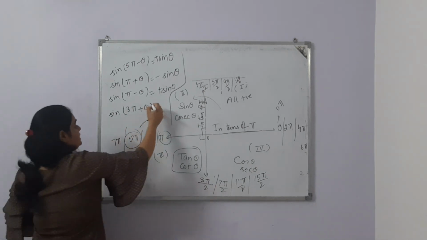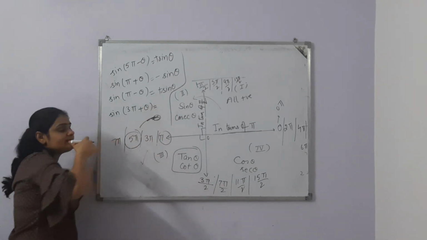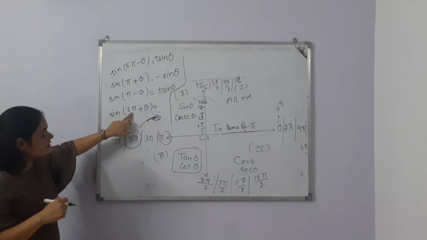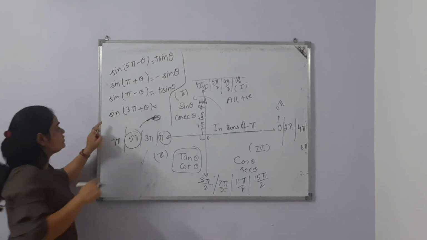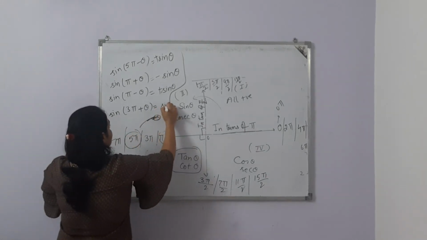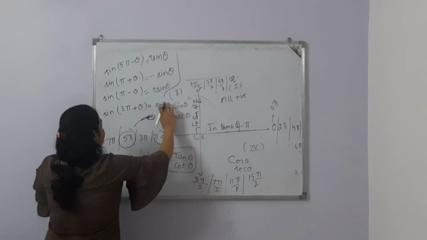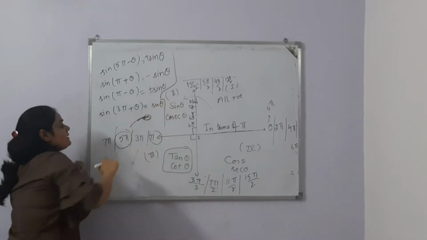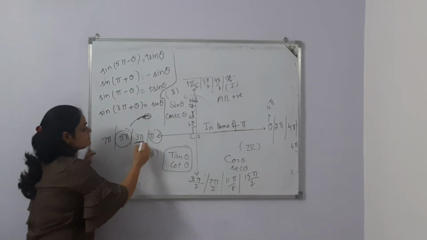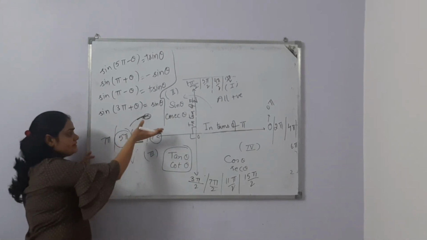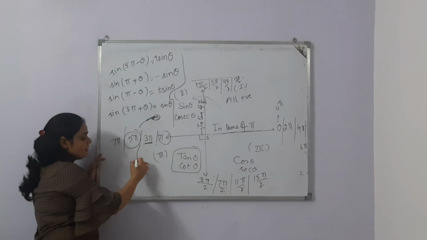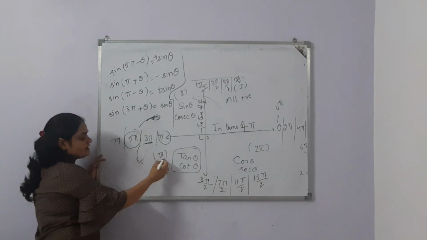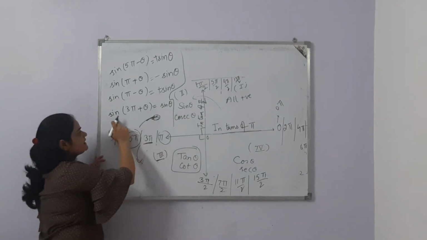Now, in the case of sine 3 pi plus theta, of course the angle is in terms of pi, so sine will remain sine theta. 3 pi plus, where is 3 pi? Here this is 3 pi. 3 pi plus means anti-clockwise direction, and in anti-clockwise direction we are in the third quadrant, and in the third quadrant sine is negative.